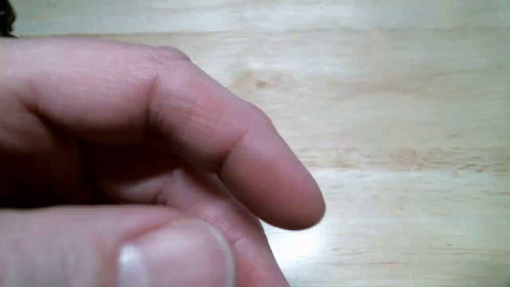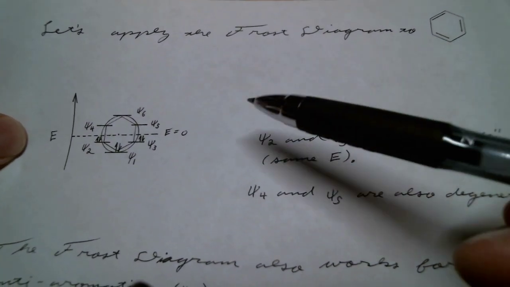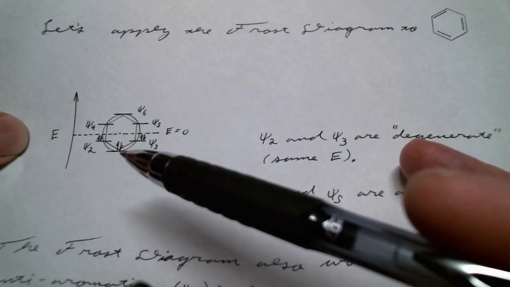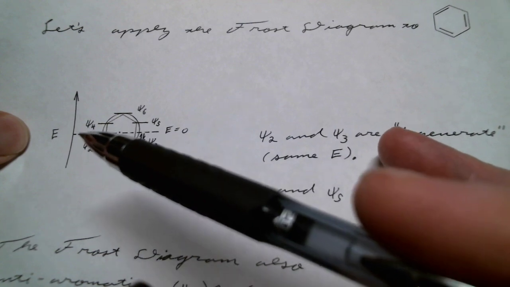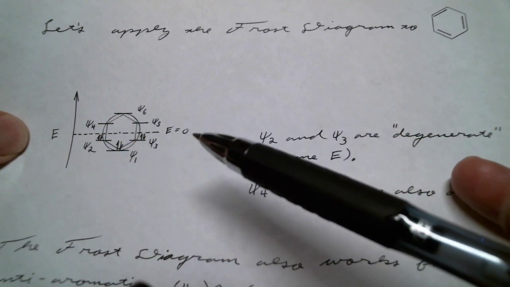So let's test this out, at least in a preliminary way, for the systems we've been discussing. Let's apply the Frost diagram to benzene. So we'll inscribe our 6-membered ring in a circle with one vertex pointed straight down. The center of the circle, there's a little dot in the center, corresponds to some sort of E equals 0 line.